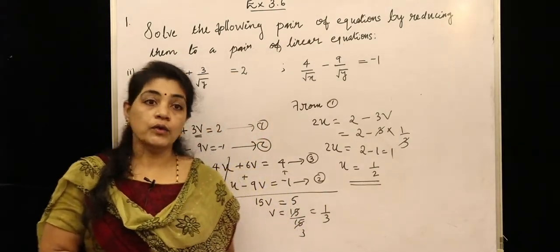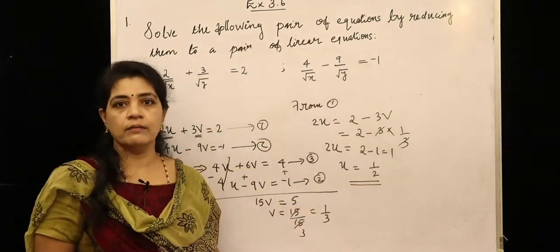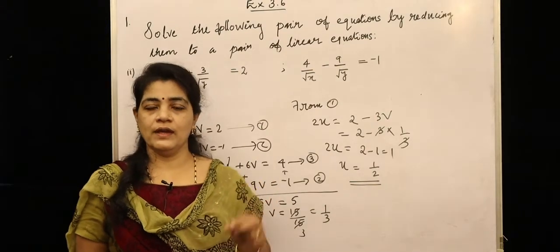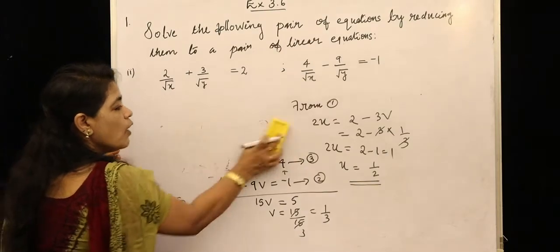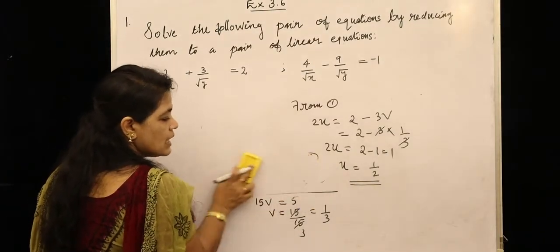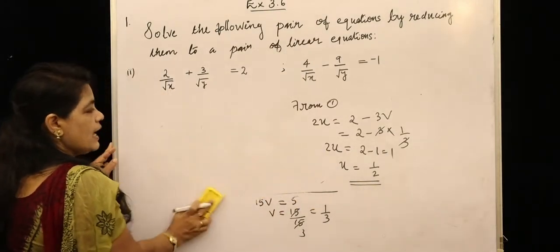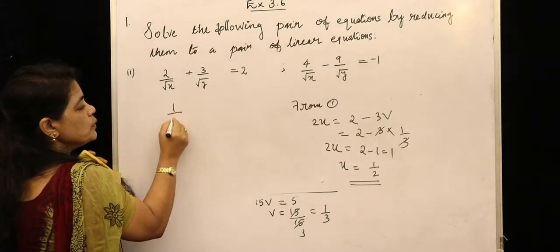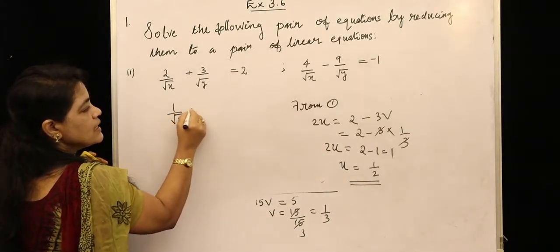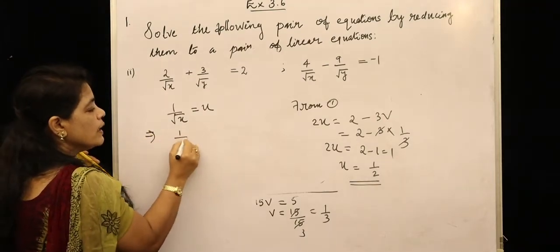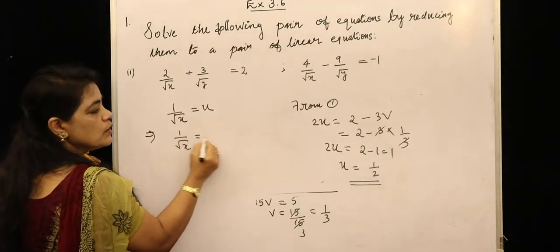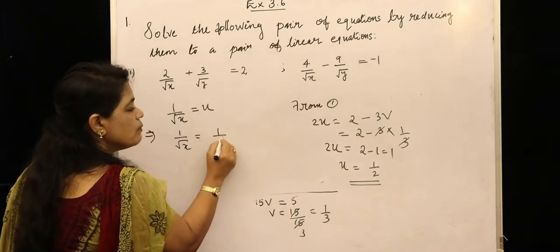Now we have u and v, but we need x and y. But how did we substitute? We substituted 1 by root x as u. You can write now 1 by root x is equal to what we got, u as 1 by 2.